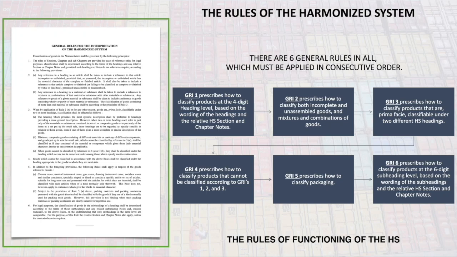So it will be in many of the cases that we will find in reality, we will apply only what rule 1 indicates to find the correct code for our goods. The other rules will apply when rule 1, which they call the golden rule, cannot be used.